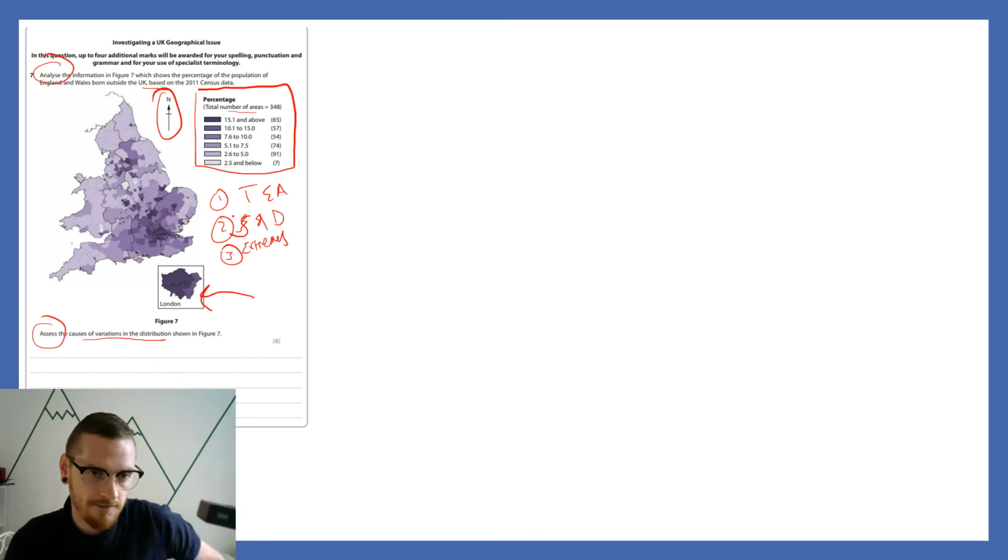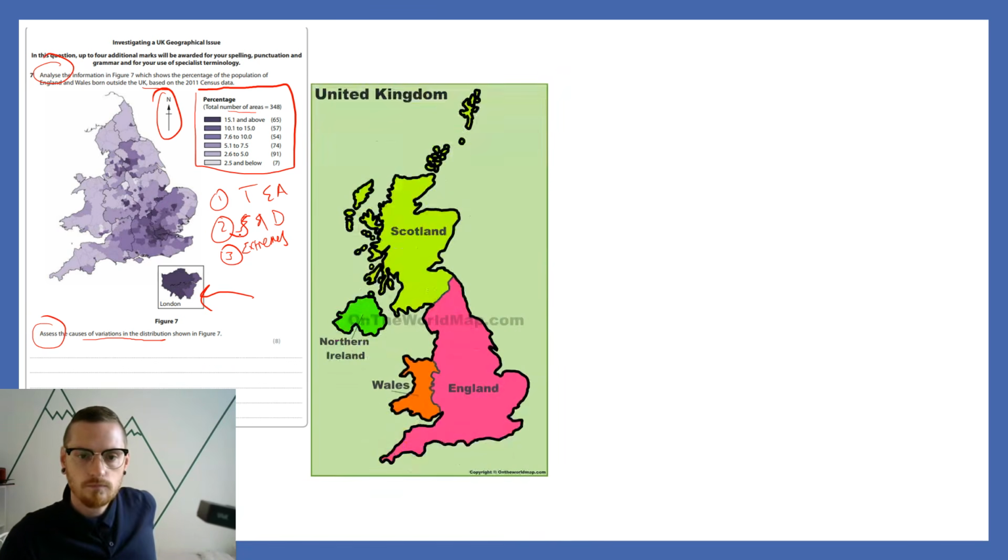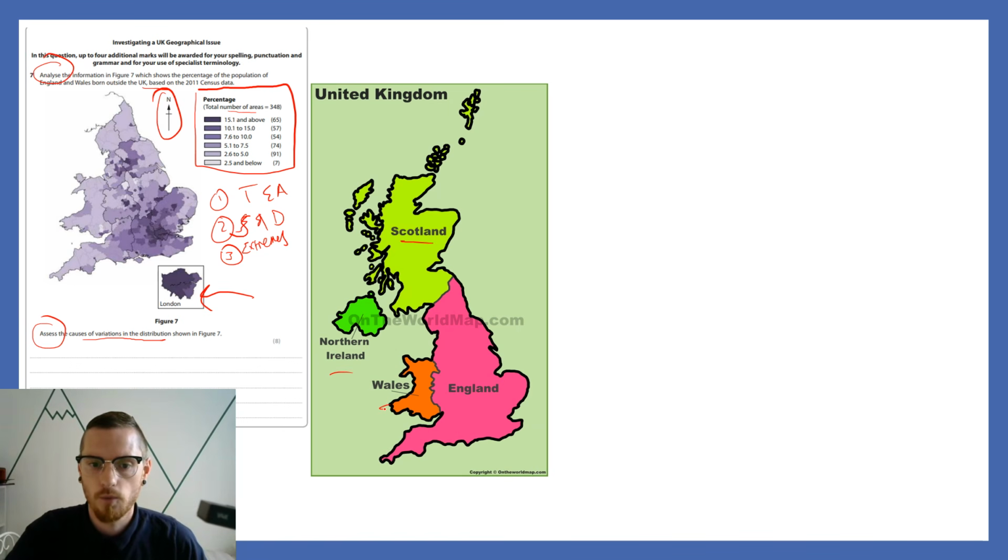So if you get a similar question, first off, we should know our 4 countries of the UK: Scotland, Northern Ireland, Wales, and England. Straight away, we can see that this exam board have chosen to give us just England and just Wales. We haven't been given Scotland, we haven't been given Northern Ireland.